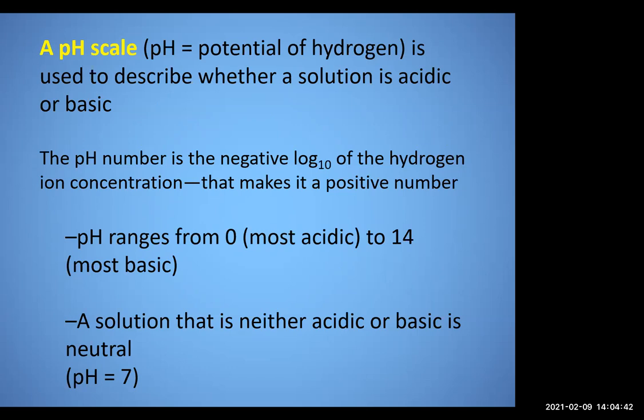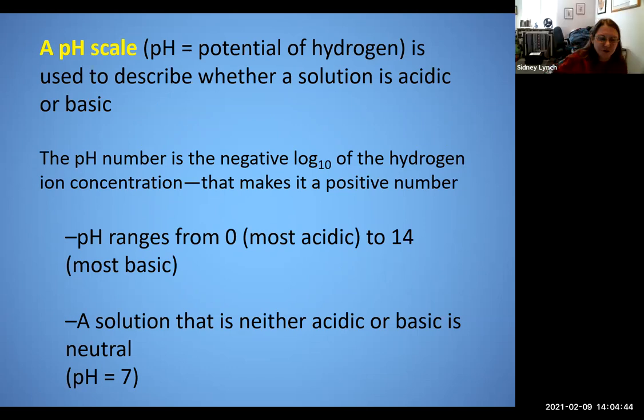The what? The Richter scale? Thank you. The Richter scale, I think it's like powers of 30 or something like that. But anyway, it's not a log 10 scale. It's not as neat as the pH scale. But anyway, that gives you an idea of the range of pHs.